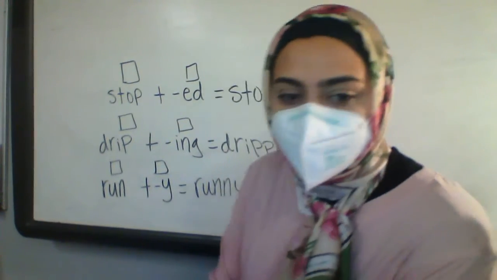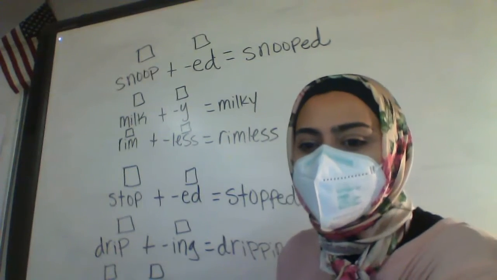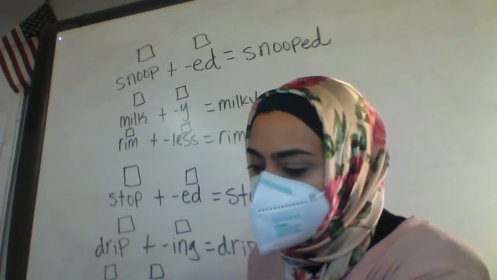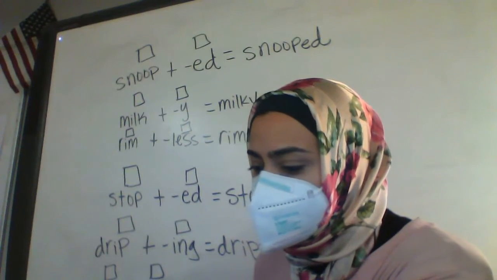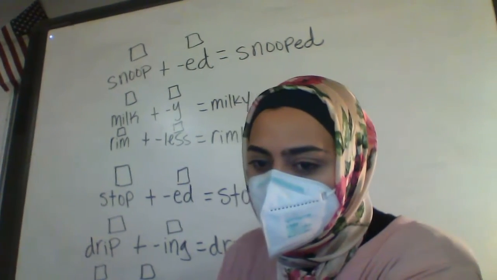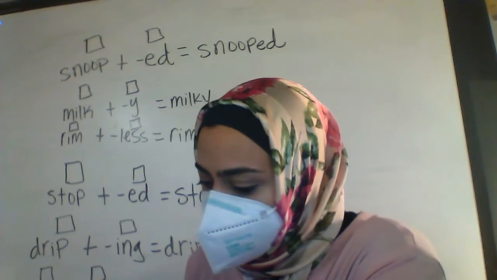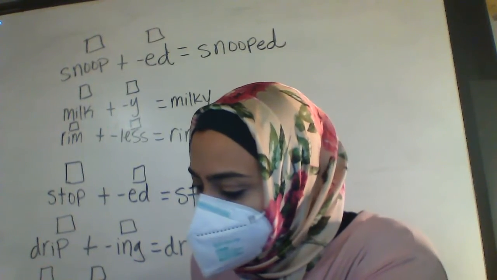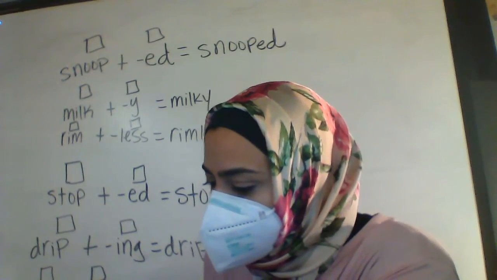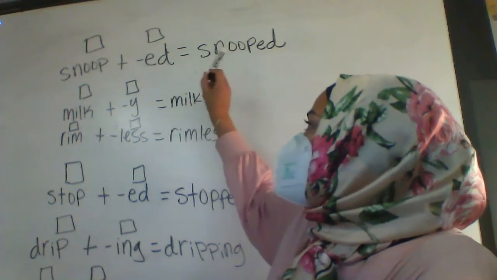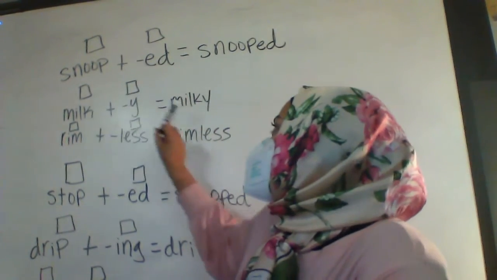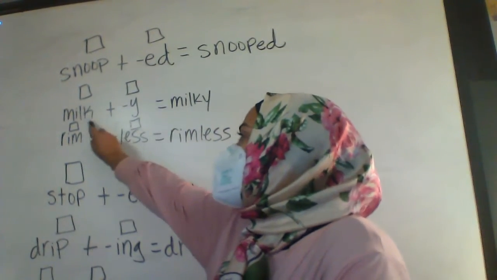Now let's look at some other words. All right, let's look at these words. So let's see. Who can tell me what the root word is here? What's the root word in this word? Snoop. Very good. What's the root word in this word? Milk.